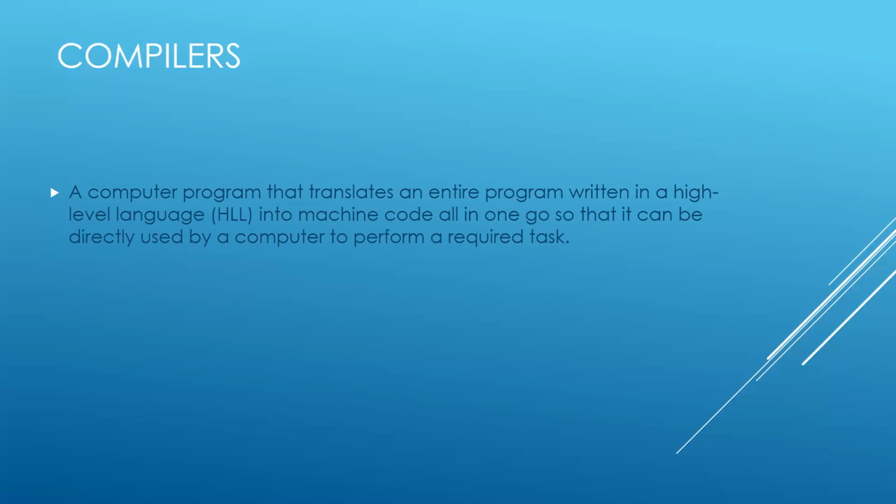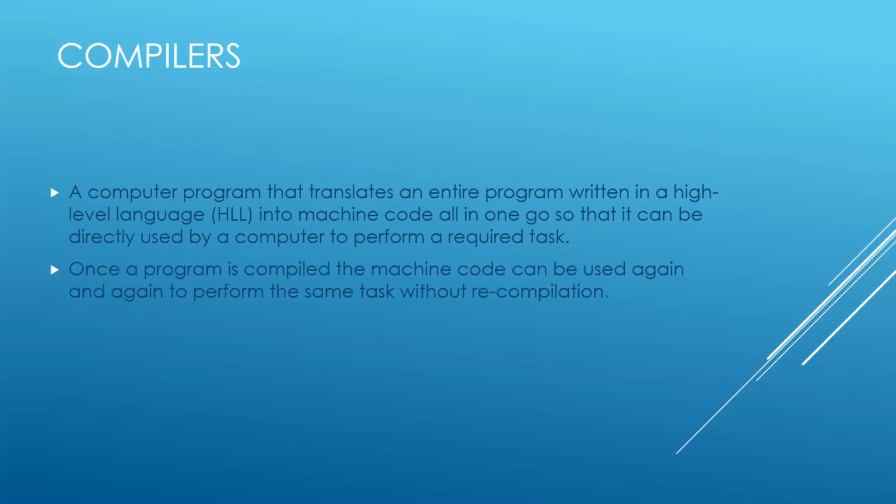And they produce the executable file. They produce an exe file, and that exe file can be used repeatedly without the process of recompilation. Because once you have compiled the program, the same program can be used repeatedly. We don't have to go for recompilation until a change is made, and then I have to recompile.